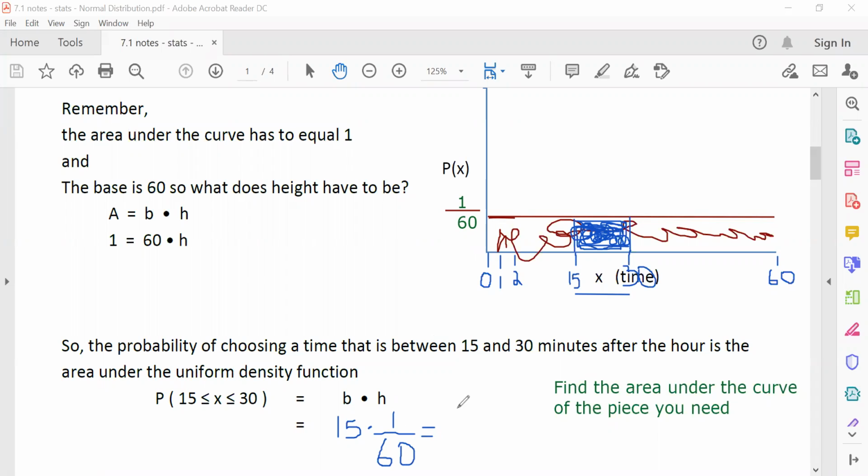So using simple fractions, that just becomes 15 over 60, which you might recognize reduces to 1 over 4, or 0.25.